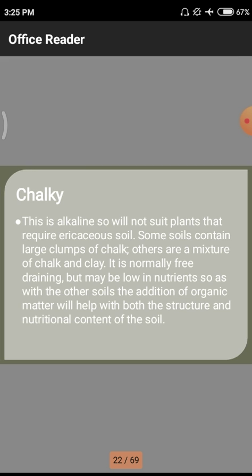Next, we have these chalky soils. Normally these kinds of soils are found in places with a huge amount of mineral content, like quartzites, montmorillonites, halides. We have different mineral properties in the soil layers.